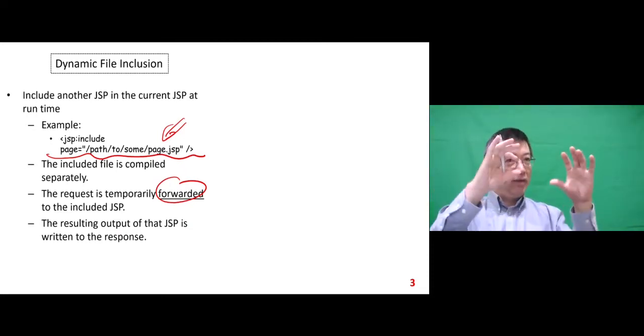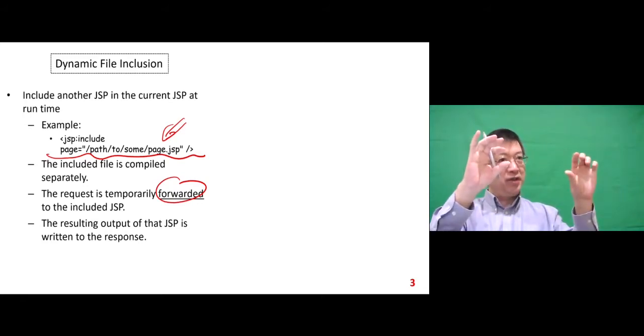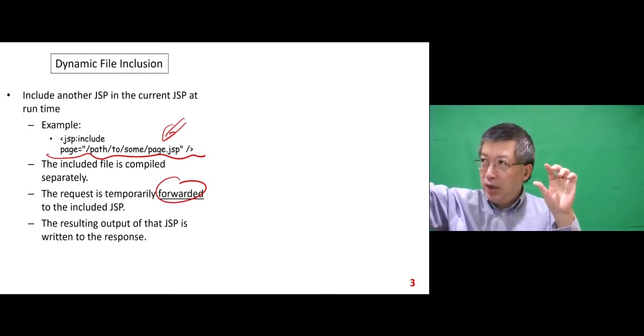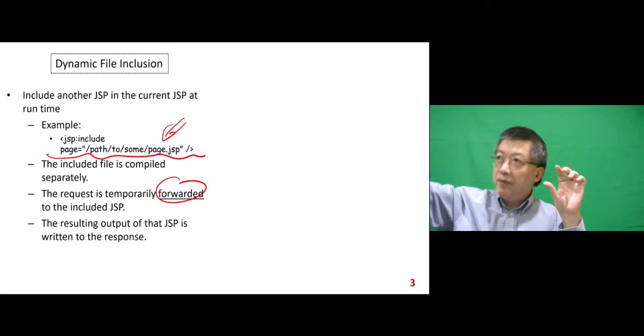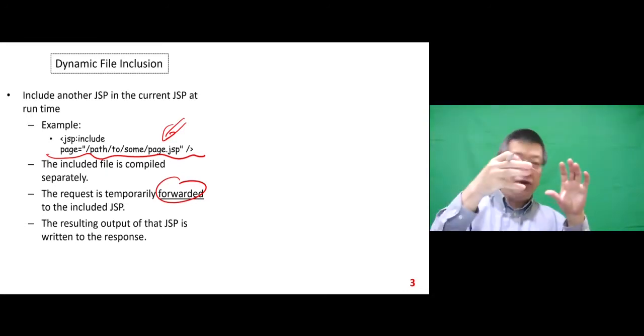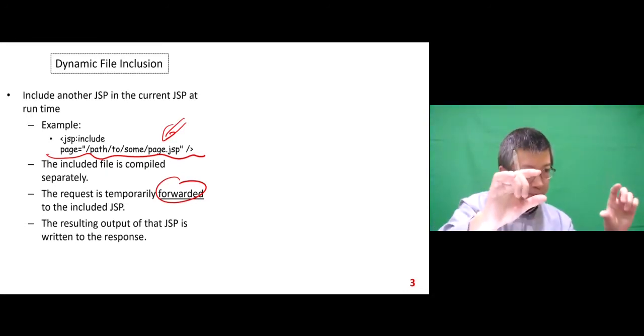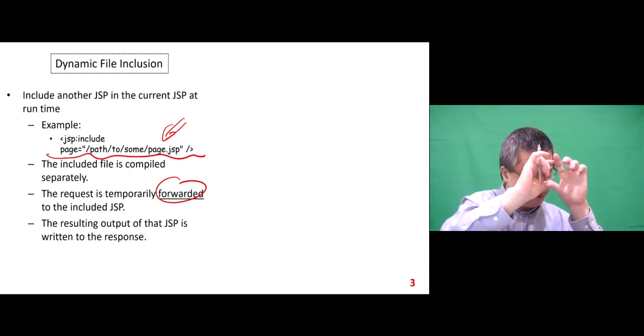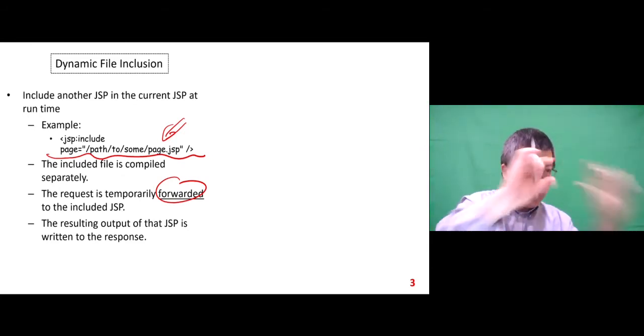Because you have this current location, you jump to another JSP, do some data processing, and you may have some output generated. Whatever output it is, when you come back, you put it right at this place.